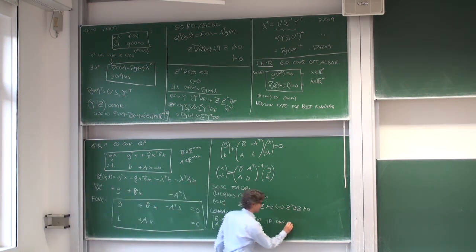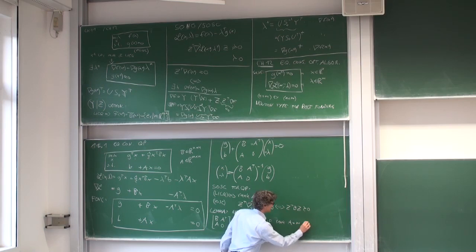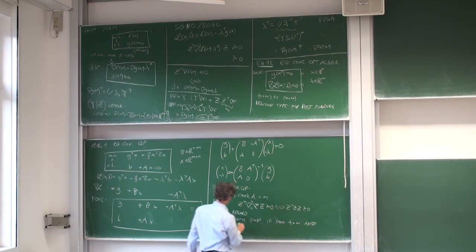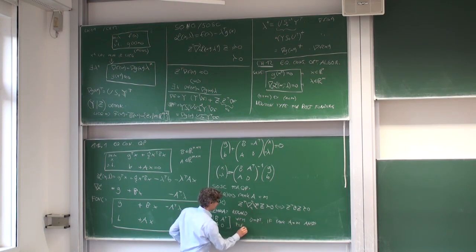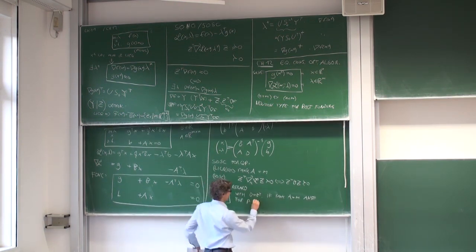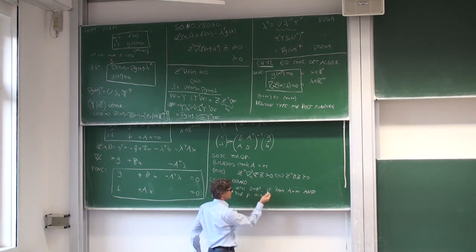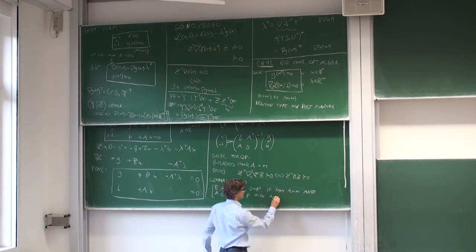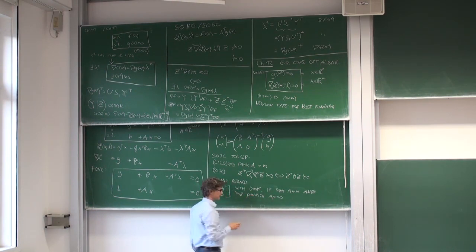If rank A is equal to m, and now we would say for all p that are in the null space, so we say it with A p equals 0, and we regard all the p's that are not 0.